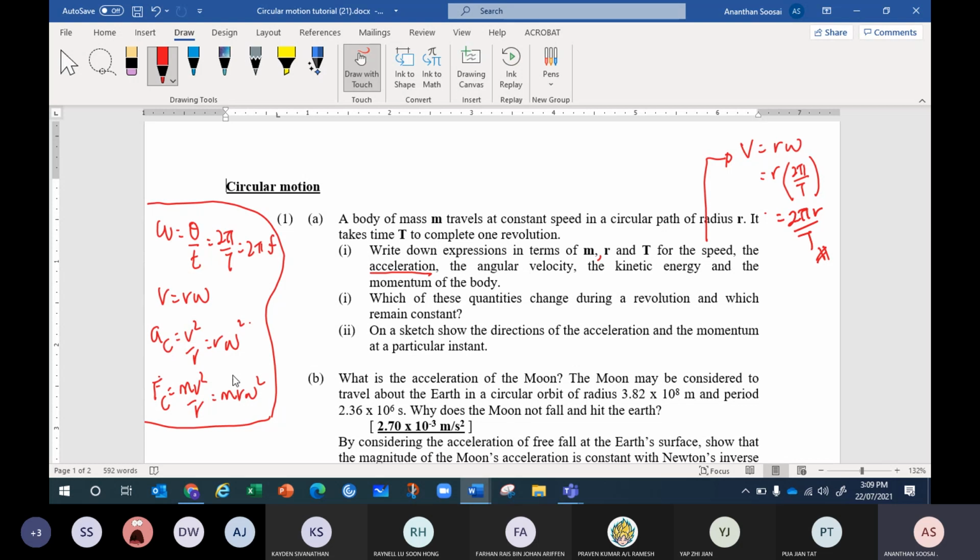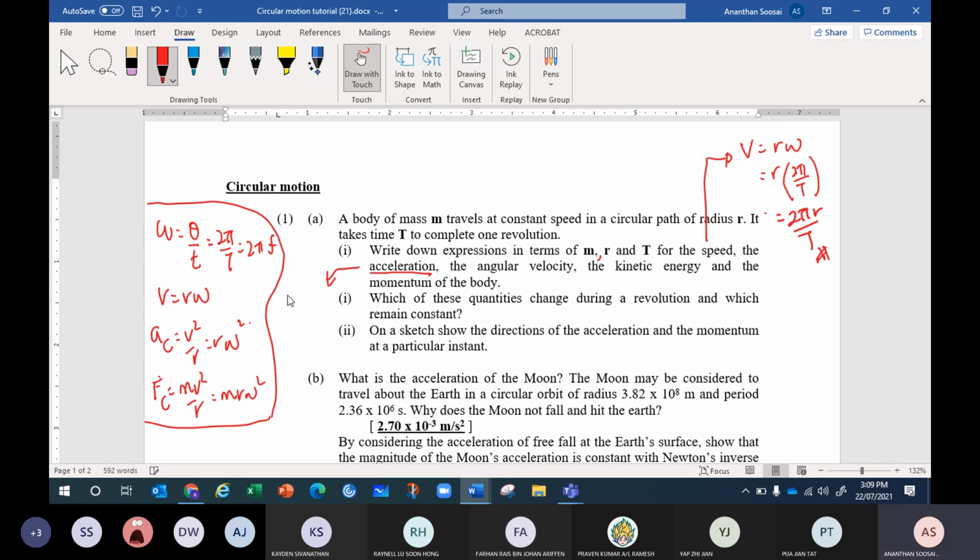Which formula to be used? You already know centripetal acceleration is v squared over r. You do want the v and r, but v you know already, right? Speed is your v, so v equals 2 pi r over T. I think you can work out the acceleration, right?